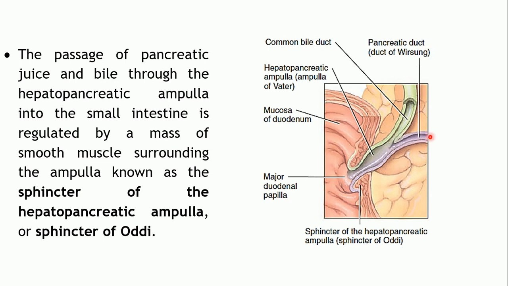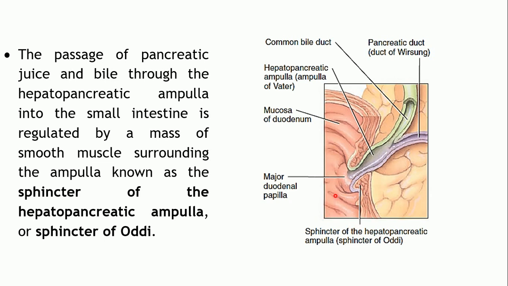So when do you want these secretions to come to the duodenum? It's only when the food is present over there, right? Because they bring most of the types of enzymes required for the digestion of the food. So this sphincter regulates the amount of secretions entering into the duodenum.